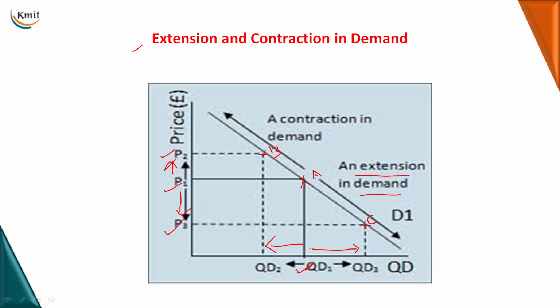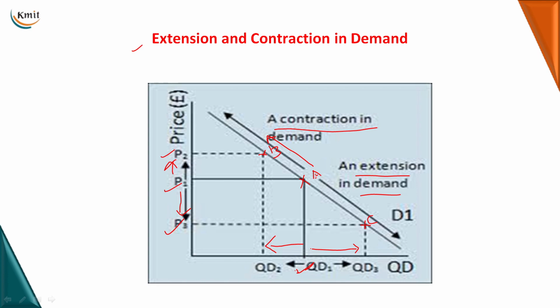Due to increase in the demand, there is a sloping down of the demand from left to right. Right? So similarly, when there is a contraction in the demand, the movement of the demand point is happening upwards, like this situation. This instance is considered as a contraction in the demand.